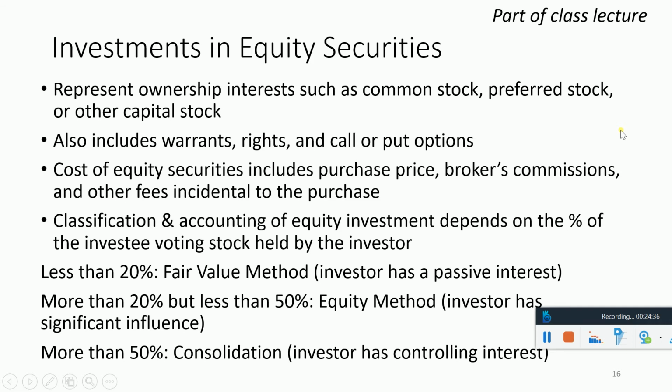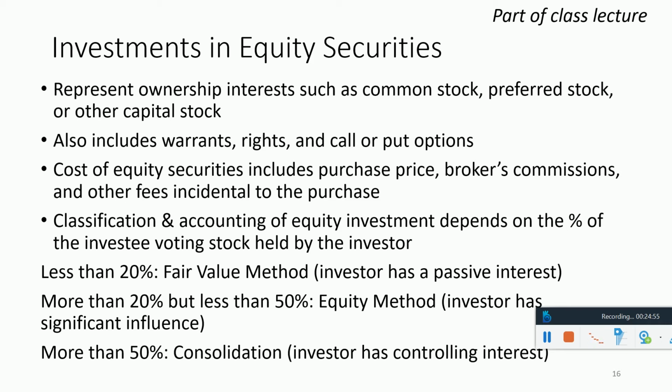So that covers investments in debt securities. Now we're going to move on to investments in equity securities. Investments in equity securities represent ownership interests such as common stock, preferred stock, or any other type of capital stock.